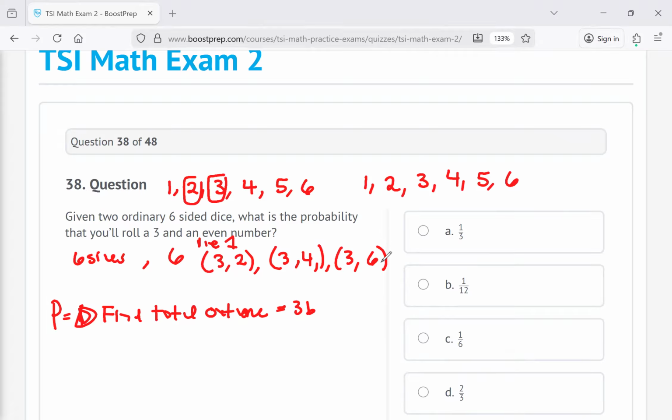And die two, it's going to be two and three, and then four and three, and six and two. So your probability is your desired.